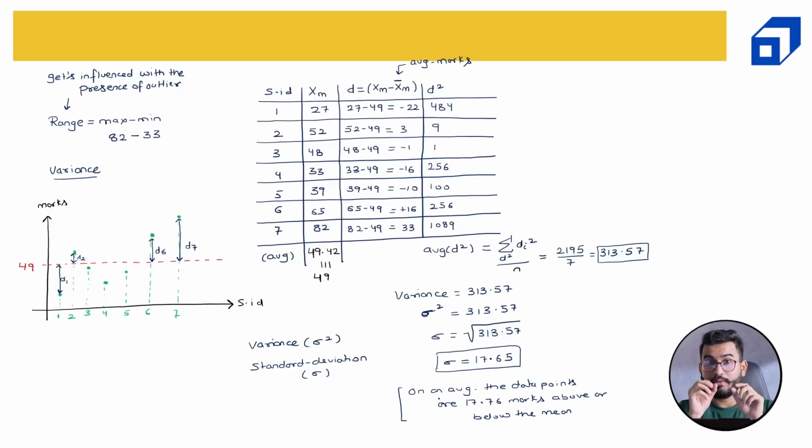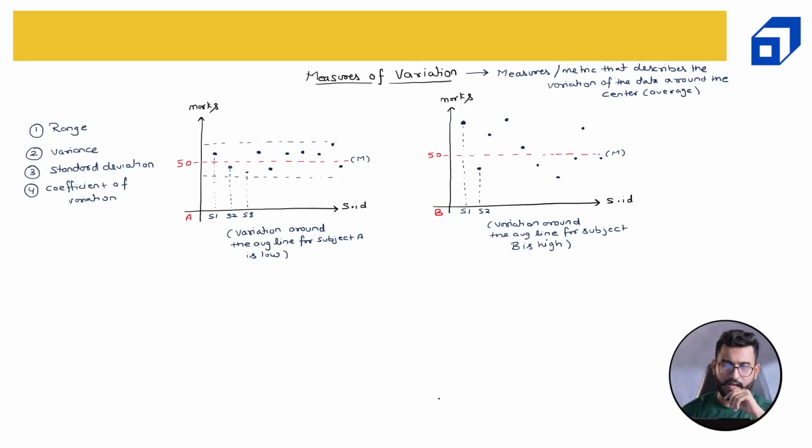Now if this value is very low, that basically means the values are closely concentrated around the center point. For example, if I go back to subject B, you will get the value of sigma, which is my standard deviation, to be high, while for A, I would get the value of standard deviation to be low.